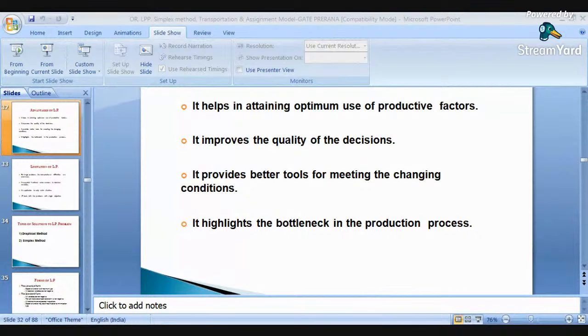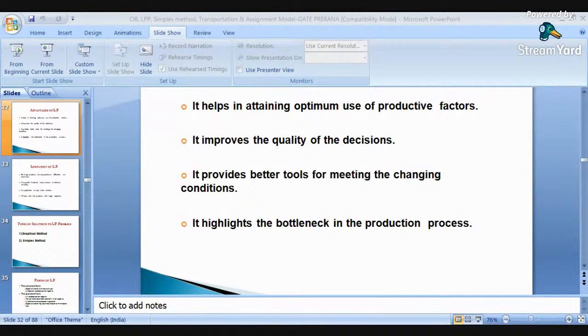The plant sources are P1, P2, P3, and the warehouses where the product is to be shifted are W1, W2, and W3. So from P1, we can take it to W1, W2, or W3. Means from plant P1, the material can be taken to W1, W2, W3 anyway.